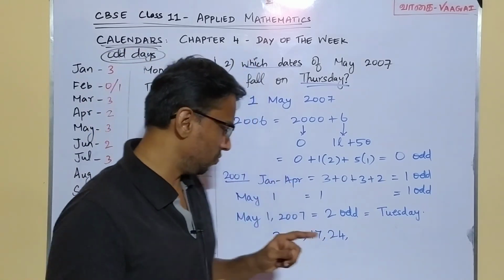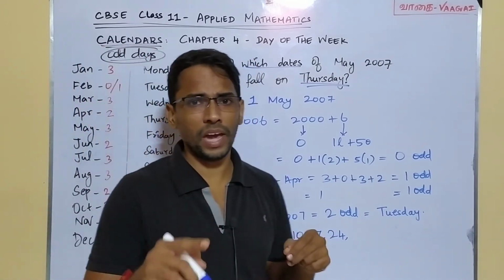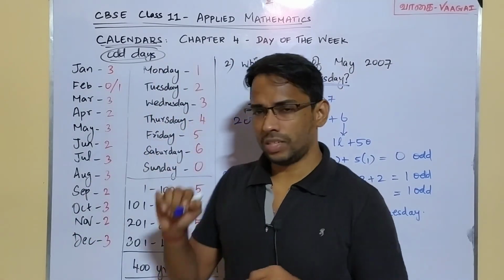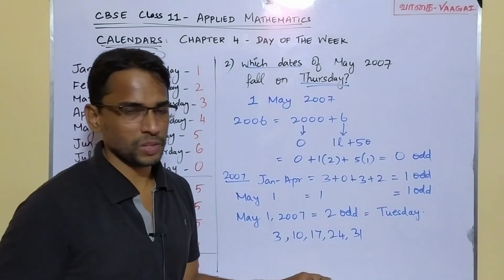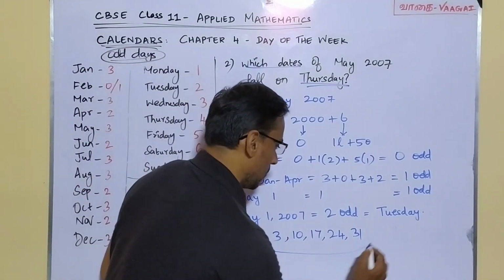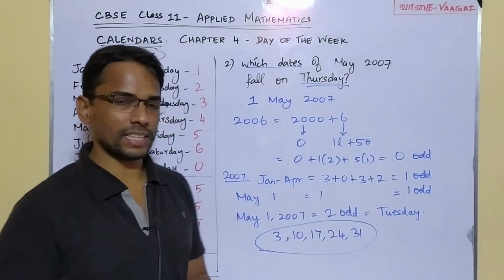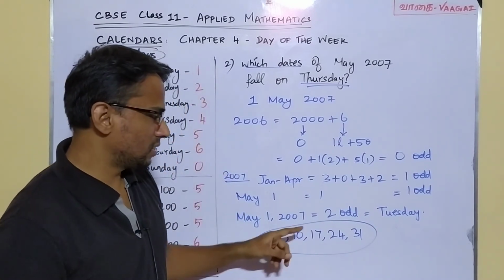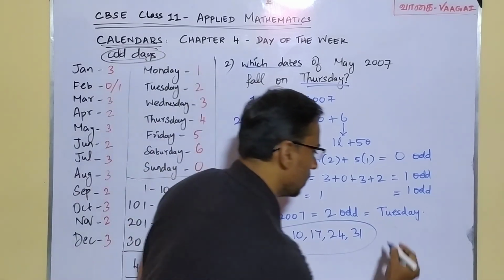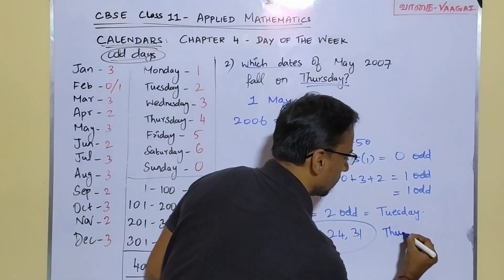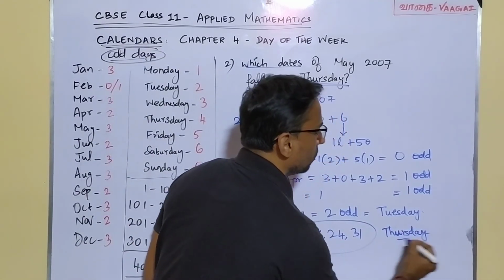And this is the month of May, right? May has 31 days, so in that case 31 will also be a Thursday. Cool, right? So for this May month, all these dates, 3, 10, 17, 24 and 31st, all these 5 dates are going to be Thursdays, and these dates are what we are asked in the question.